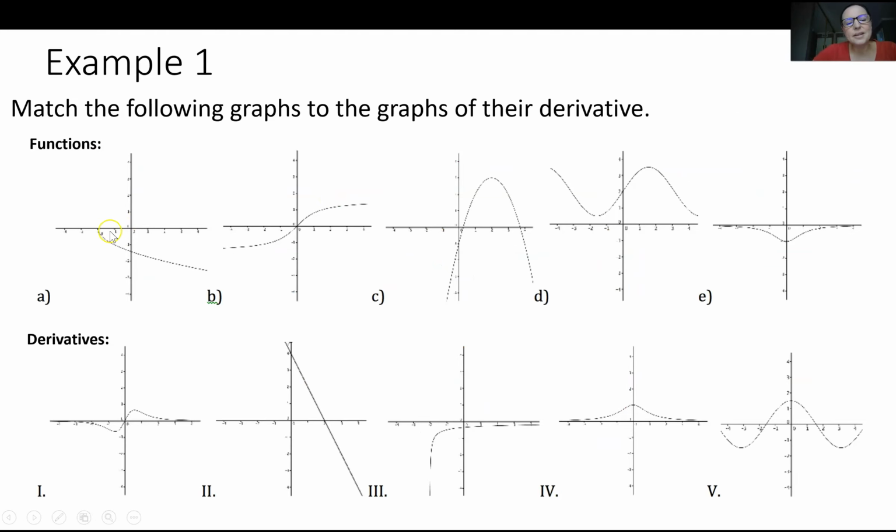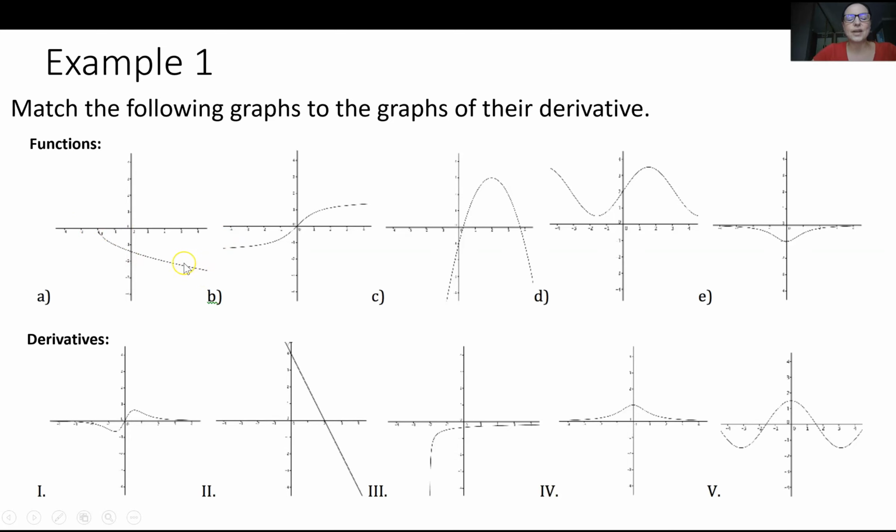So in part A, which is this function here, first thing I want you to notice is that if I were to draw tangent lines to this function, they would all be negative sloped. They're all facing down. So all the slopes for all the different tangent lines for this particular function would all be negative.